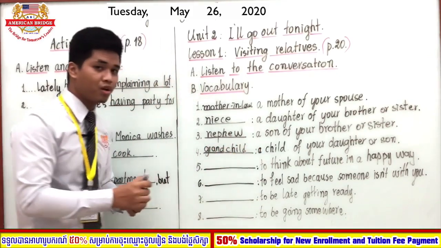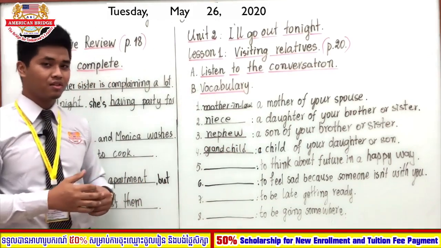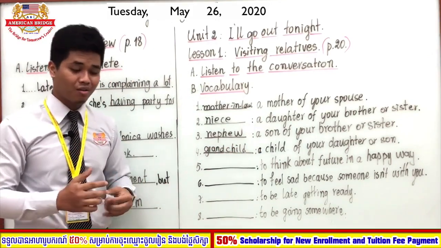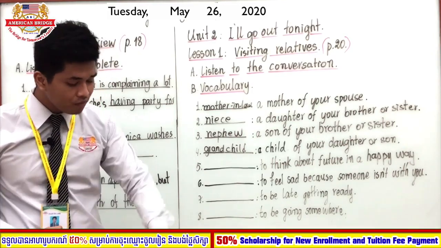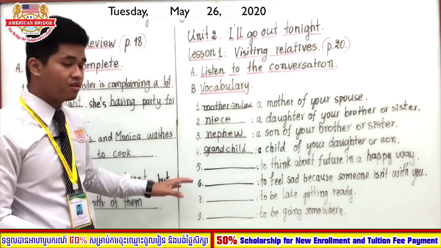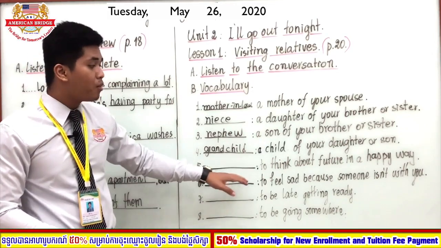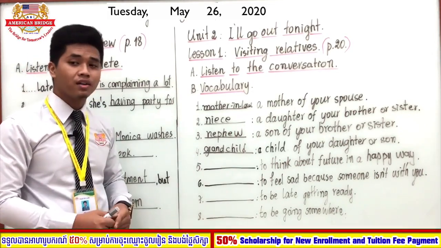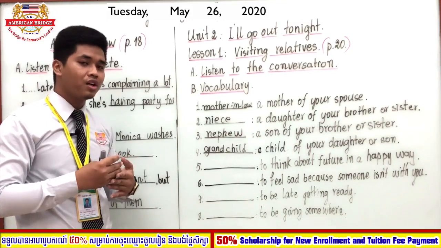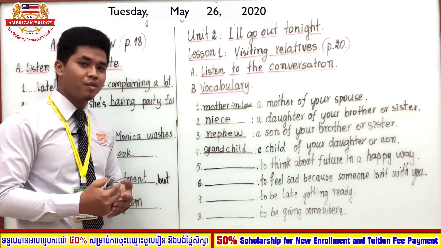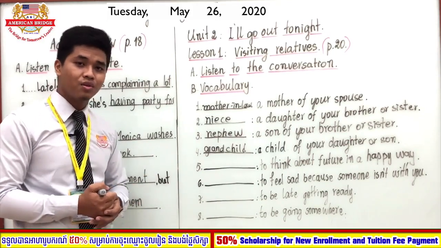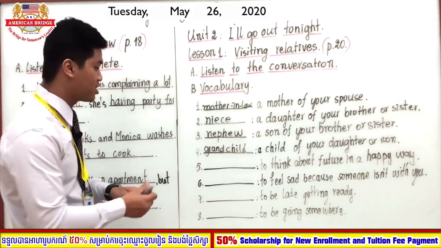And you become a grandpa or grandma, or grandfather or grandmother. Very good. And number 5, everyone. The meaning of number 5 is a verb, to think about the future in a happy way. So when you think about the future, for example Christmas, you are excited about the event. So you are looking forward to.